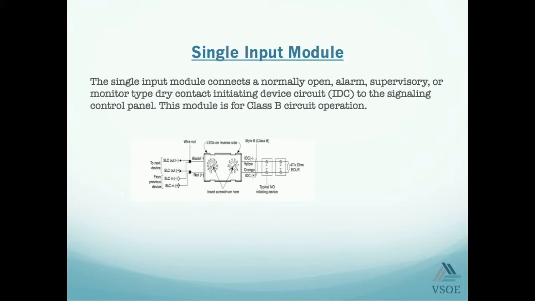The single input module in its physical state has a select line circuit input to the module. On the output side, or rather the input, it has a normal open initiated devices connected across it. The single input module is configured in a Class B operation.